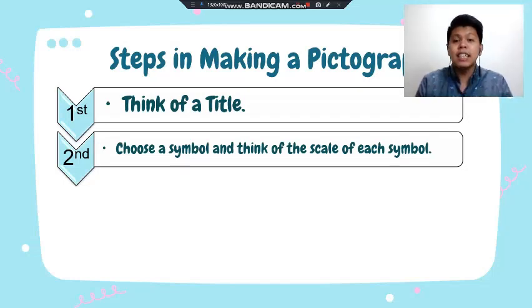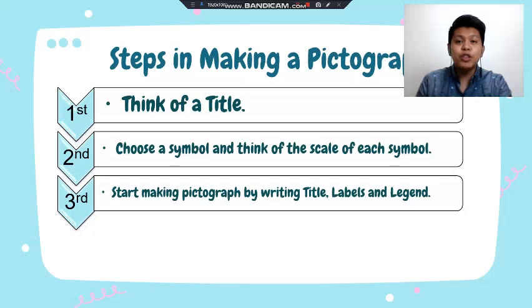If we say scale, that means how many will represent the symbol that you selected. Will it be 5 out of one symbol, 2 out of one symbol, or 1 is equal to one symbol? It depends on the given data.